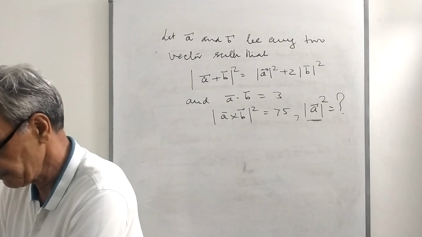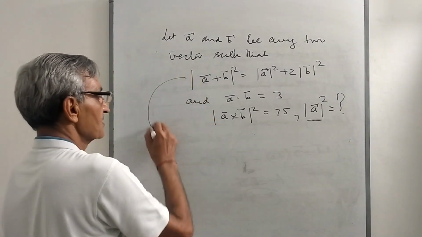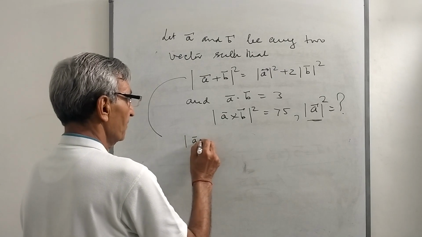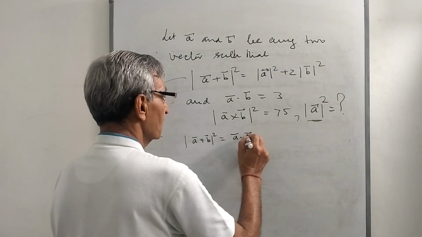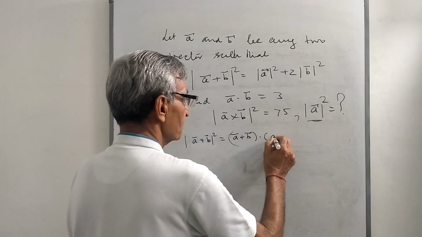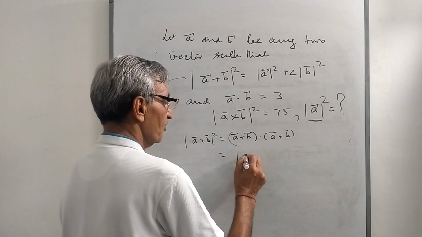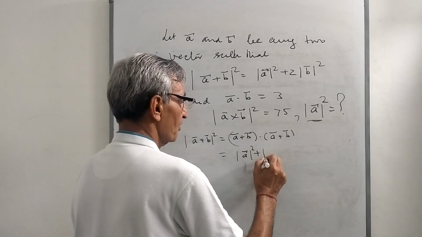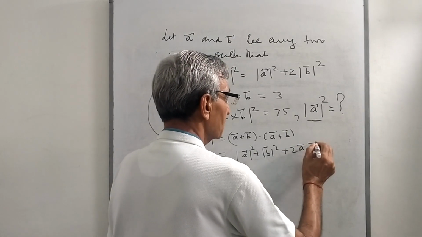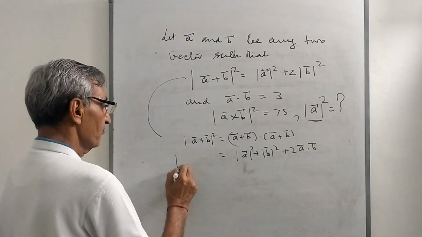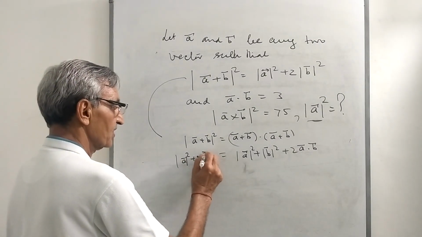My question is, I have to find the magnitude. Let me talk about this. What is magnitude of A plus B whole square equal to? It is A plus B dot A plus B, which is A dot A, magnitude of A square, plus magnitude of B square, plus twice A dot B. And this is given equal to magnitude of A square plus twice magnitude of B square.